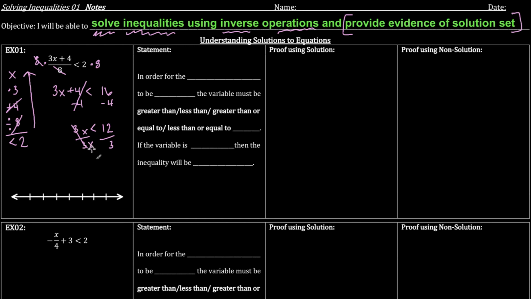Do not put this x, because that means the x's will become 1, but we need an x down here. We're trying to isolate x. We're trying to get x alone. We're not trying to get rid of it. So just divide by 3, we get x is less than 4.